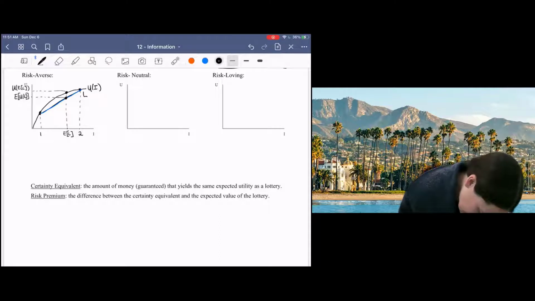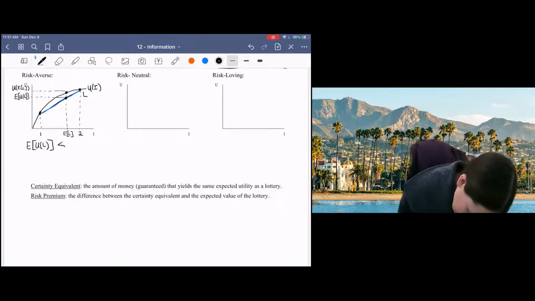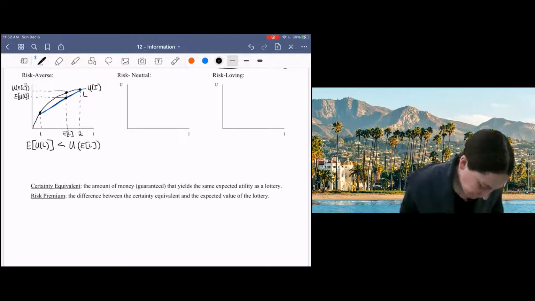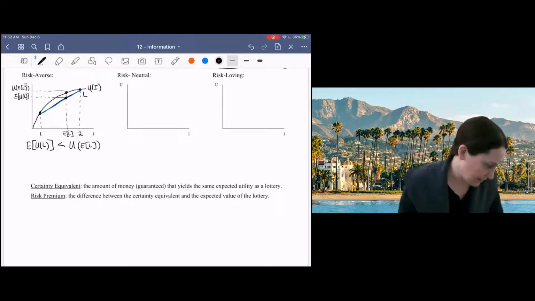So you can see that my expected utility, which is really what we make decisions on, is smaller than the utility of the expected value. So this is risk aversion.